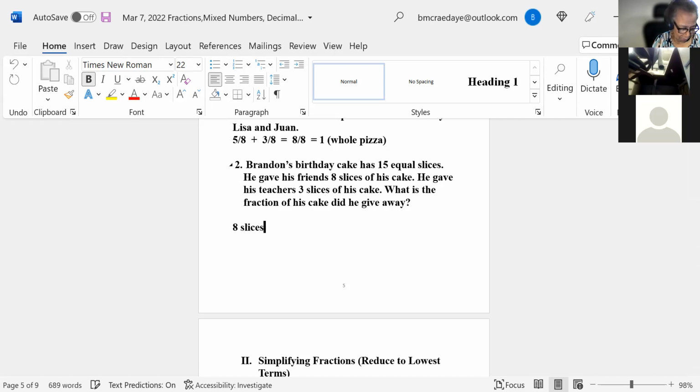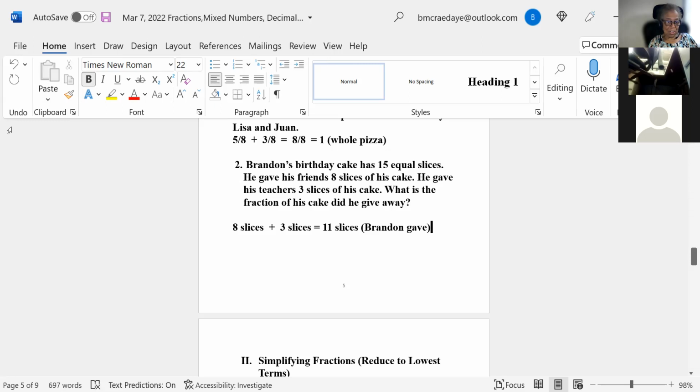So 8 slices plus 3 slices equal 11 slices. So he gave 11 slices.